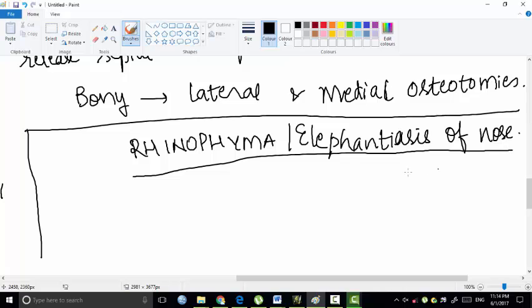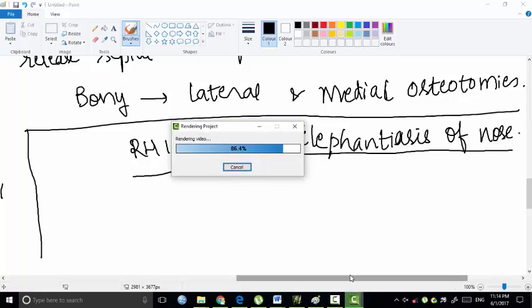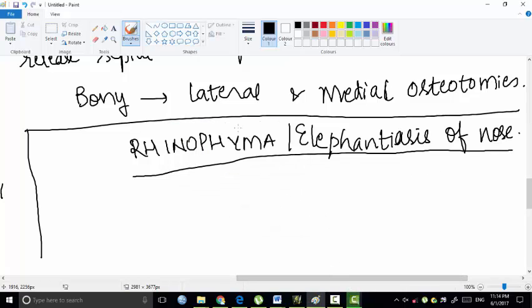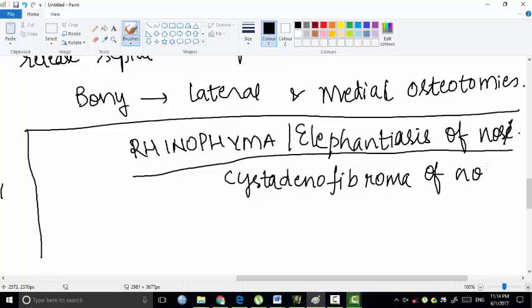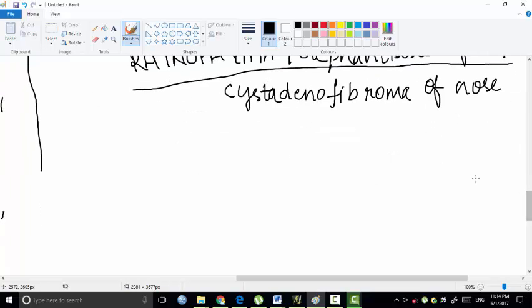It may also be called cystadenofibroma of nose, right? Rhinophyma of nose, elephantiasis of nose, or cystadenofibroma of nose. So it is basically a benign nodular enlargement of the tip of the nose.